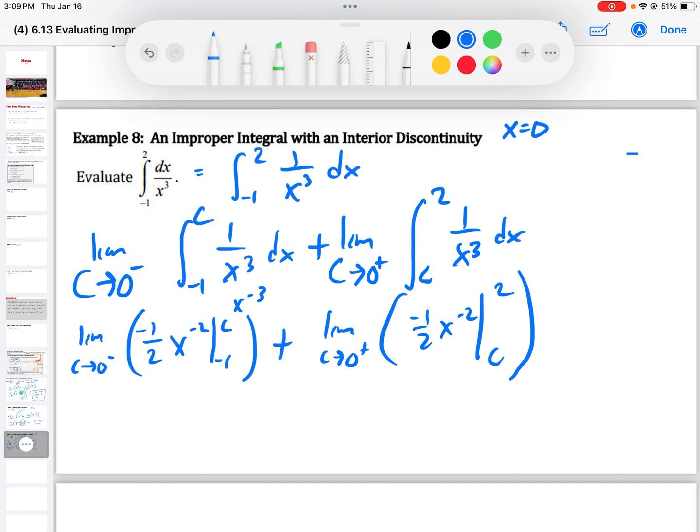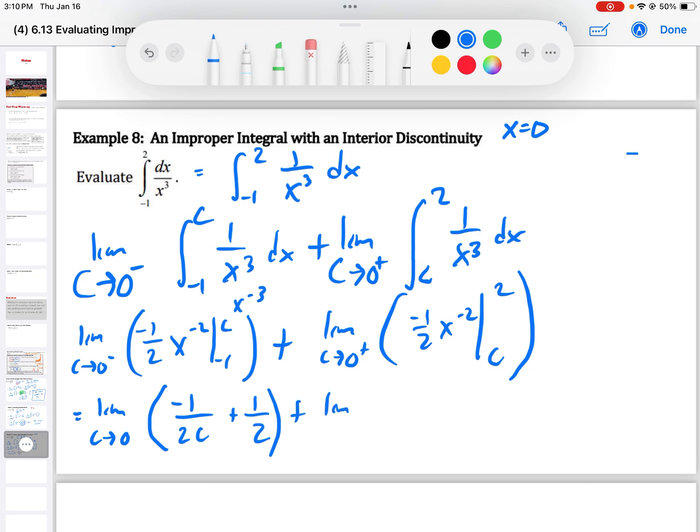Okay. So just pause, make sure that's making sense to you. Now let's evaluate the limit. So this is going to be equal to the limit as C approaches 0 from the left of negative 1 over 2C squared, plus, because I'm going to wind up subtracting, I'm plugging in negative 1, it's going to be negative 1 over 2, so it'll be plus 1/2.